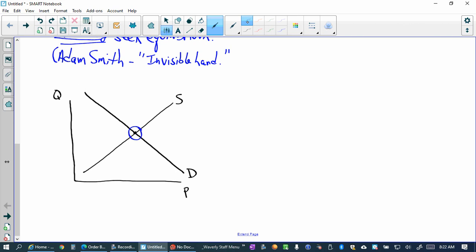I'm going to use blue for P1, price 1. Then the next one here, keeping track of my colors, price 2. And then over here we'll call this price 3. Whatever numbers they are, I don't know, we're paying for the widget.